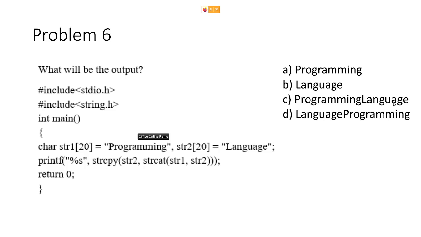That string will be copied into str2 by the string copy function, and strcpy then returns the pointer to string 2. So when we print string 2, because it was copied from the strcat output, it will print programming language.